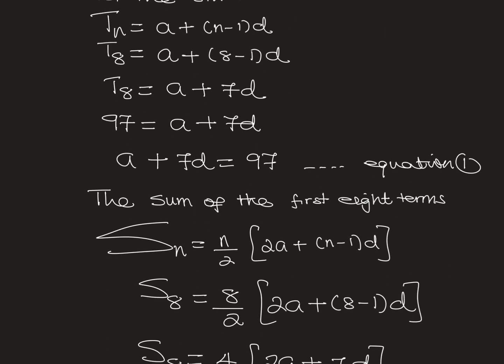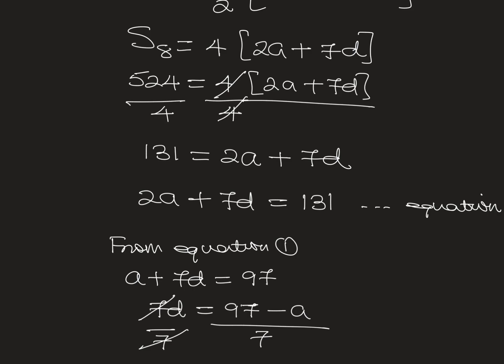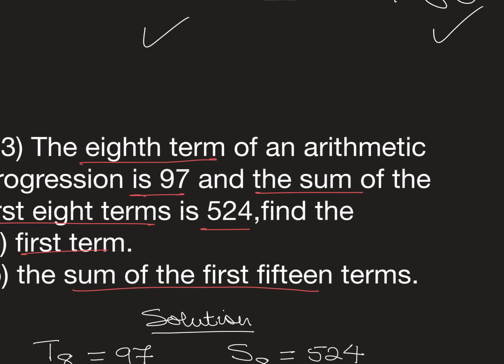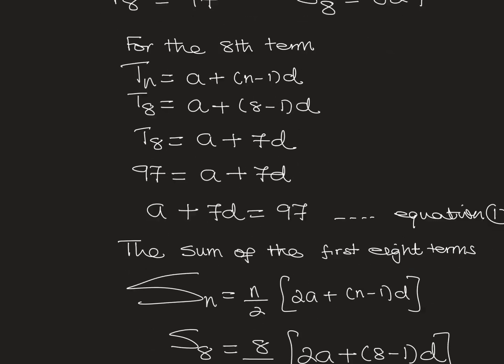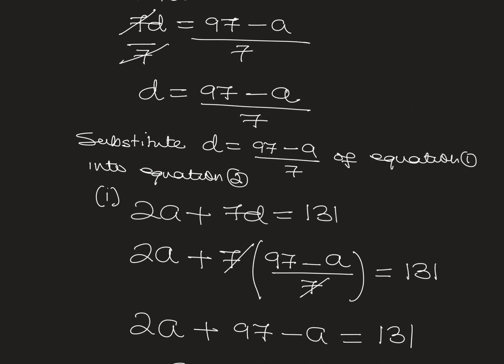How do we find the common difference in order to be able to calculate the second question, which is the sum of the first 15 terms? Let's use d equals 97 minus a over 7 to find the common difference.